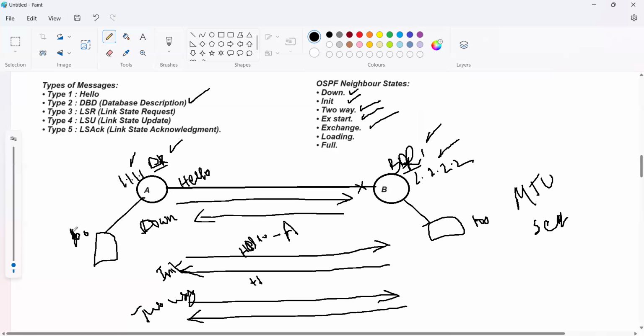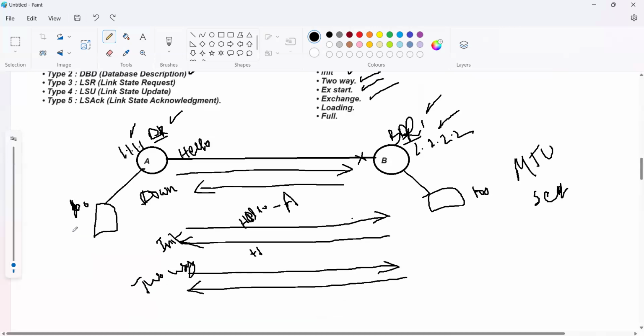How will this router request? Okay, do you have any LAN prefixes, router A, and router B will give the update. Yes, I do have. Then this router will give the acknowledgement. So here is how it happens in exchange state.